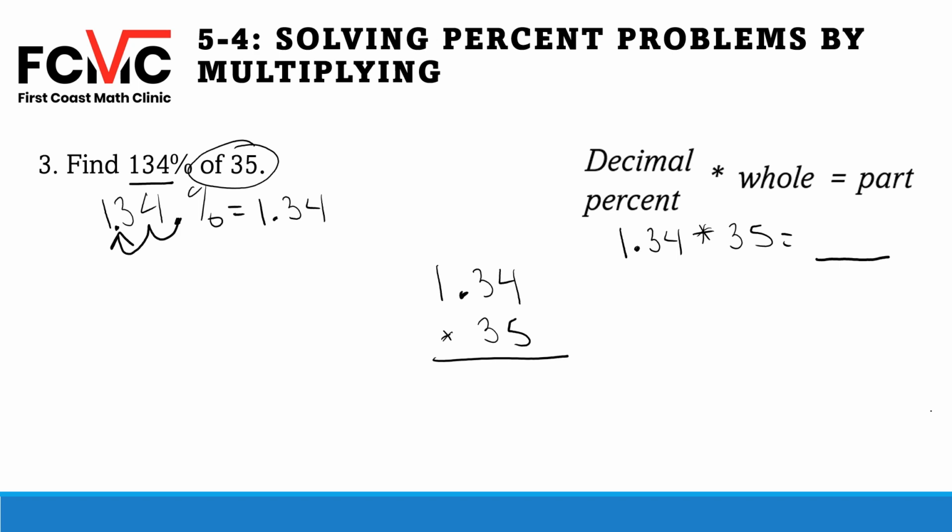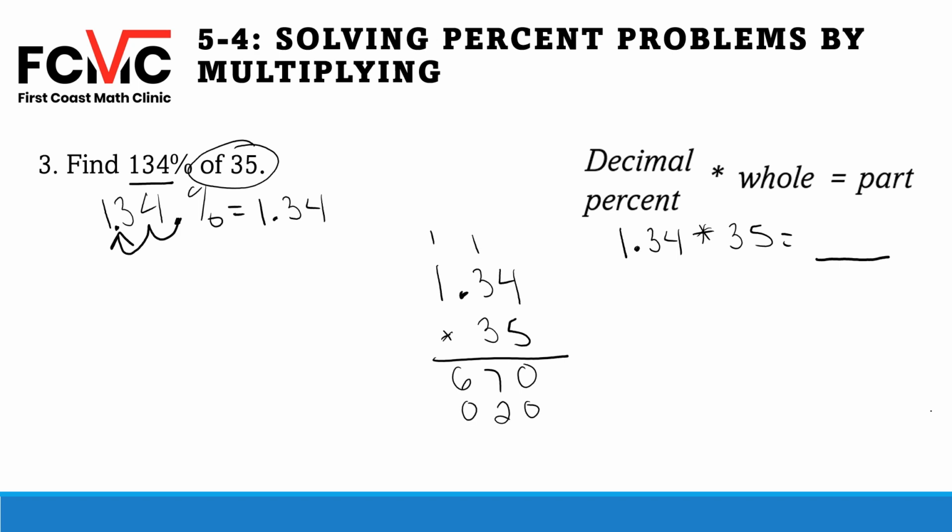So 5 times 4 is 20. Put down the 0, carry the 2. 5 times 3 is 15, plus 2 is 17. Put down the 7, carry the 1. 5 times 1 is 5, plus 1 is 6. Let me get rid of these values that we carried. Now with the 3, put down 0 as a placeholder. 3 times 4 is 12. Put down 2, carry the 1. 3 times 3 is 9, plus 1 is 10.